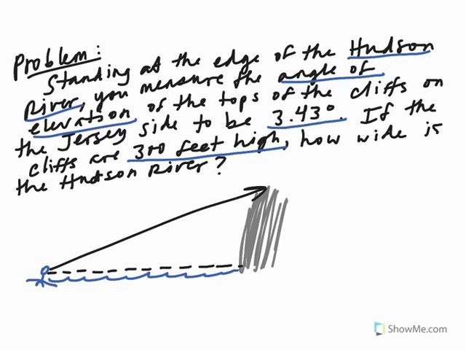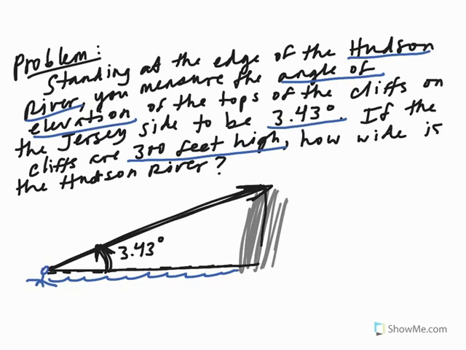Okay, and angle of elevation just means what angle do we need to look up by to look at something. So here we have to move our eyes from the horizontal up a little bit to look at the top of the cliff. So this angle that our line of sight moves through, that angle is the angle of elevation. So it's 3.43 degrees in this problem, so let me label it.